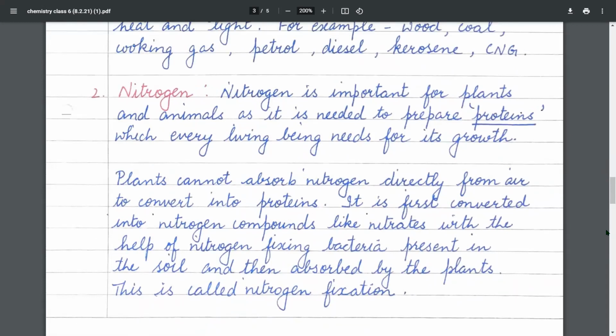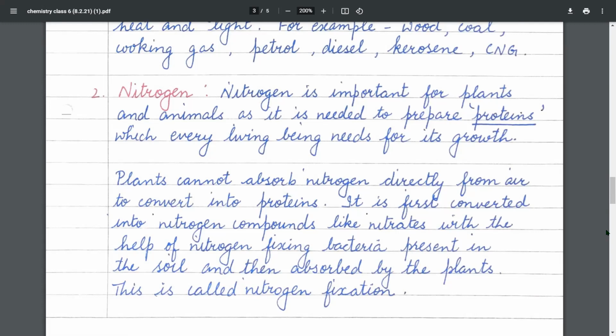Now, the next component of air, nitrogen. Nitrogen is important for plants and animals as it is needed to prepare proteins which every living being needs for its growth. Plants cannot absorb nitrogen directly from air to convert into proteins.